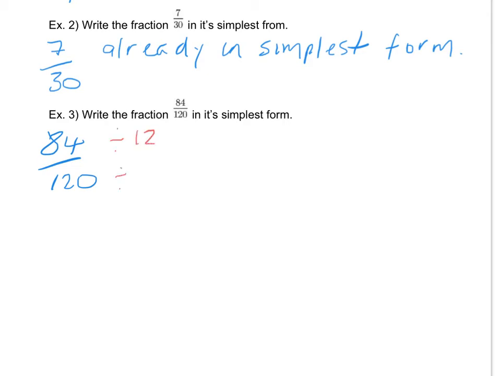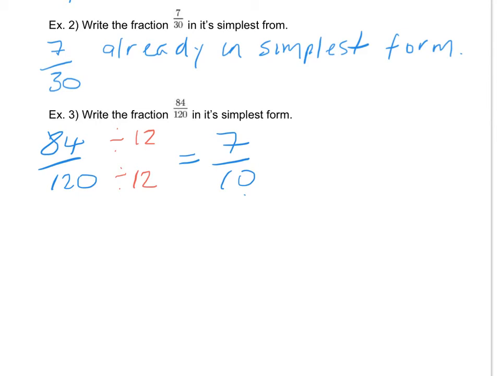I just happen to know that. I'm not saying that everybody will. So 84 divided by 12 is 7, and 120 divided by 12 is 10. 7/10 can't be reduced anymore. So that's the answer.